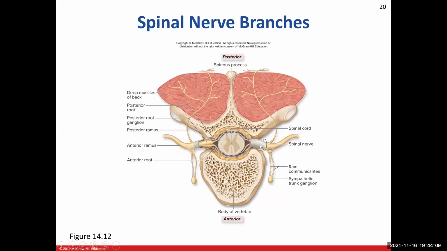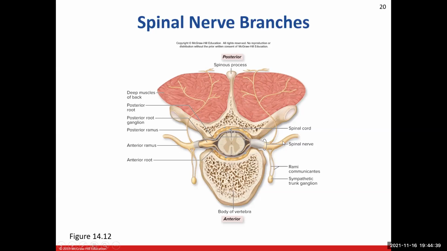Our spinal nerve exits out of our spinal column through the IVF, intervertebral foramen, and our spinal nerve gives off a branch that goes backwards towards your back. That is called the posterior ramus or the dorsal ramus. It's a small branch. It's going to innervate the deep muscles of the back and the skin on your back.